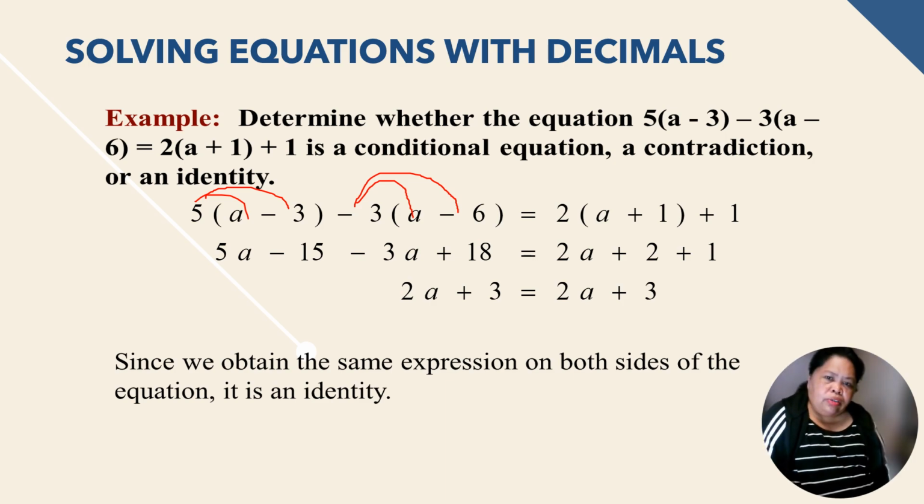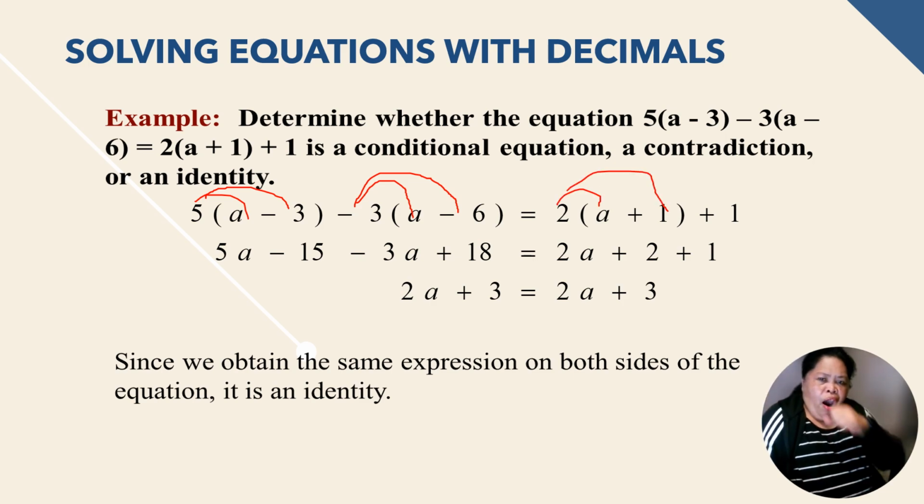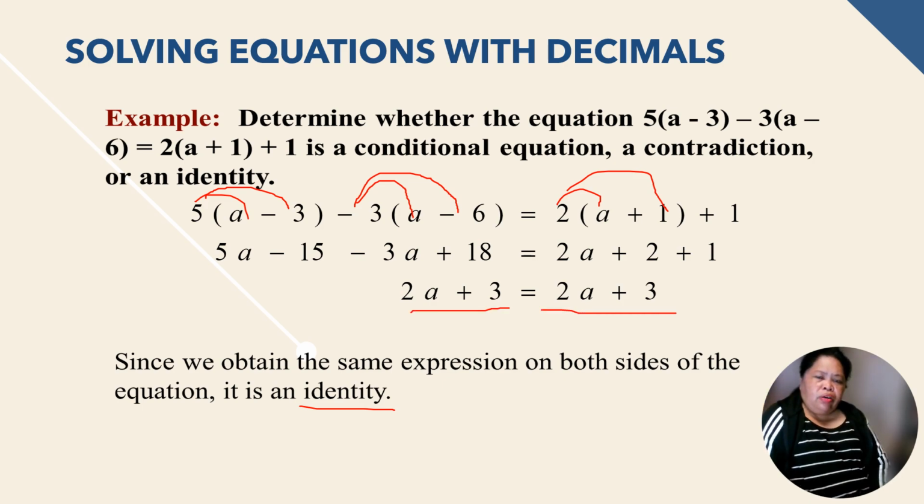And then in here, we need also to distribute this. And so we have 2a plus 2 plus 1. Okay, so we have now the same. Since we obtained the same expression on both sides of the equation, it is an identity. Because we have the same expression on both opposite sides, that is an identity.